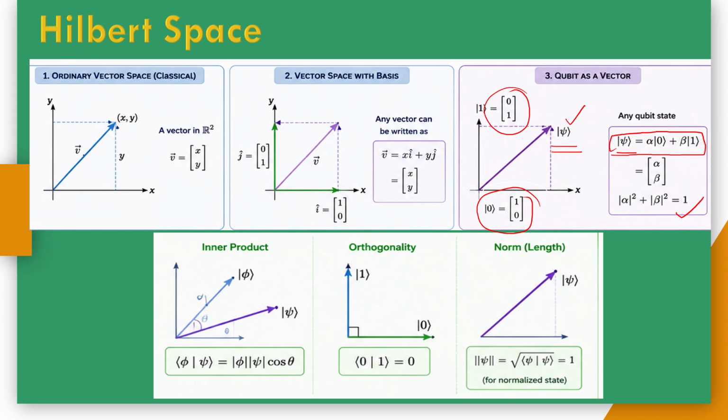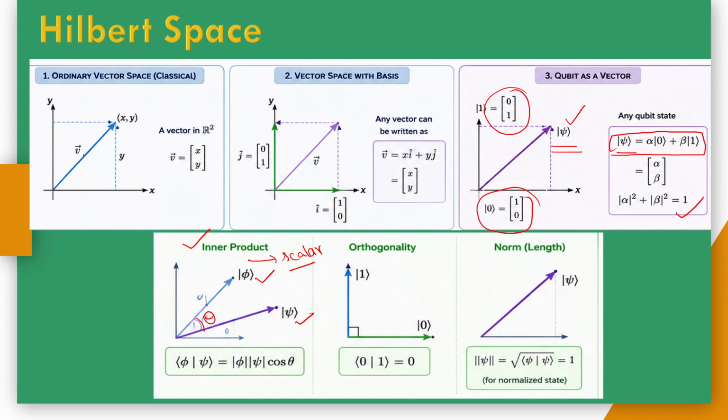In addition to representing the qubit in Hilbert space, we can perform tasks like the inner product. The inner product gives a scalar and is used to measure length. For example, the state psi is represented here and the state phi is represented here, with an angle theta between them.